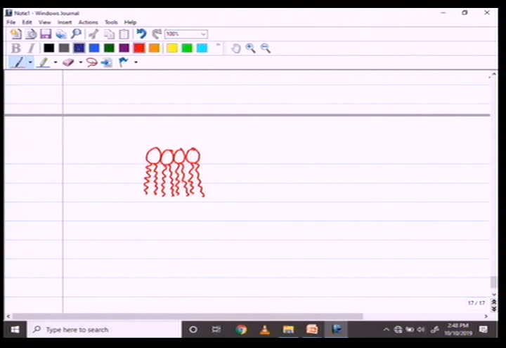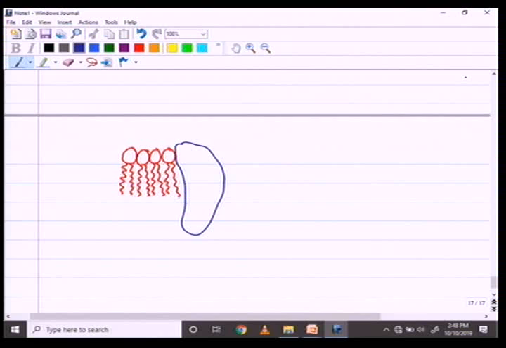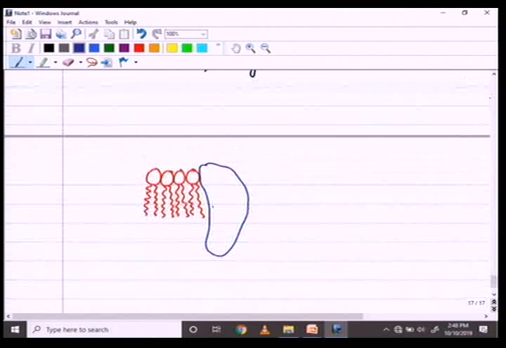And inside this, there are some proteins like this and that here. Proteins are here.